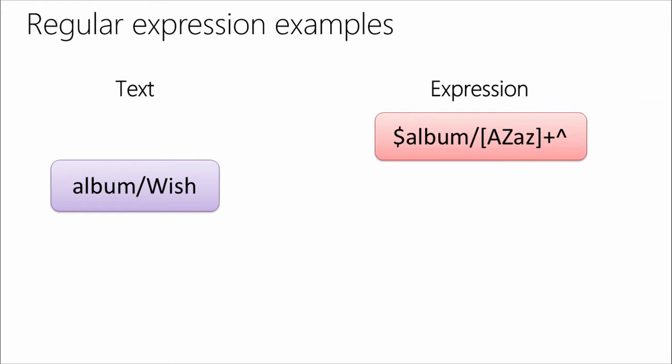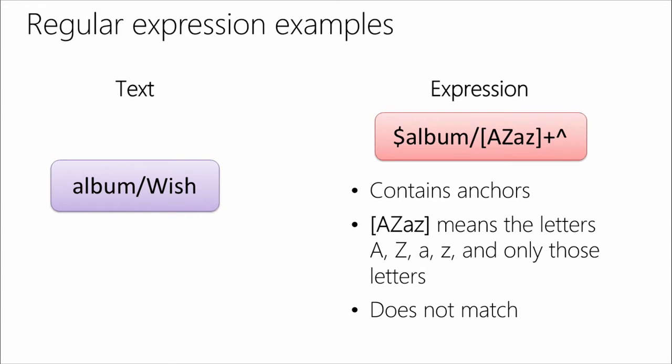Okay, well, what if I did want it to match? I could write an expression that looks like that. But again, you're going to notice red. Why is it red? The reason is that I said AZ, AZ. I didn't put in the dashes. So AZ, AZ is just going to be those 4 letters and only those 4 letters, not that range.